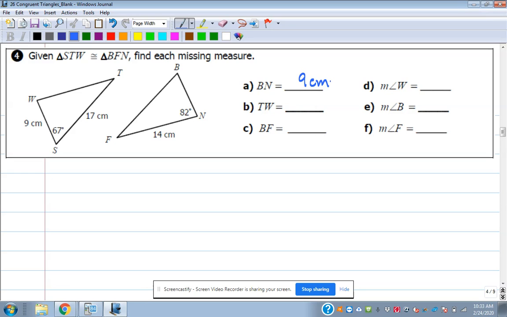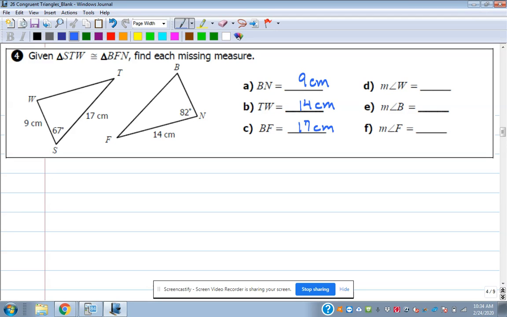14 centimeters, because we know TW is congruent to FN, so they have to have the same length. What about BF? 17 centimeters, because we know that TS and BF are congruent to one another from the congruency statement.